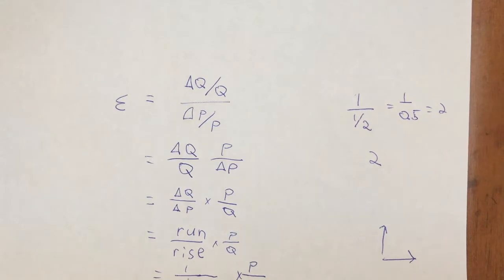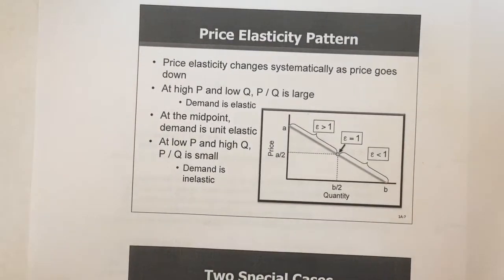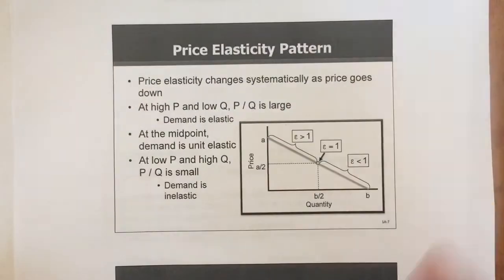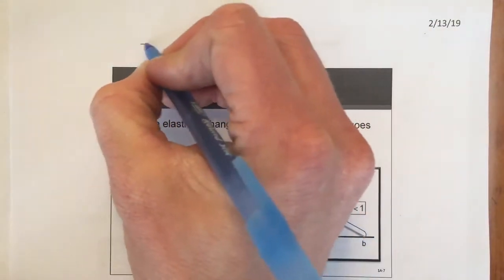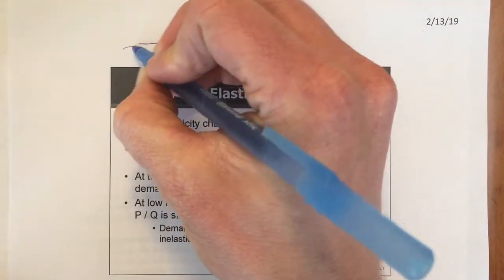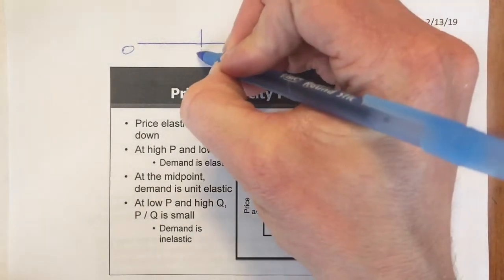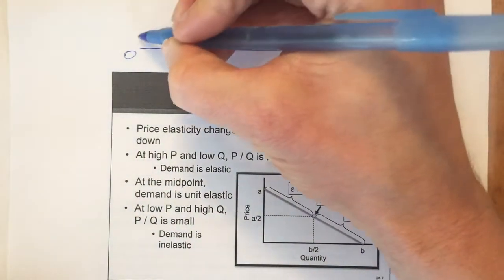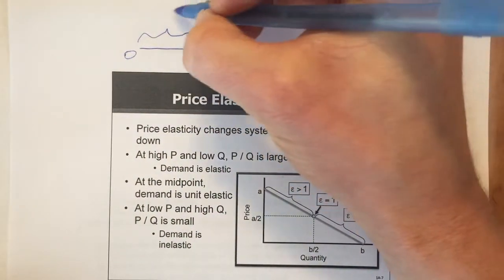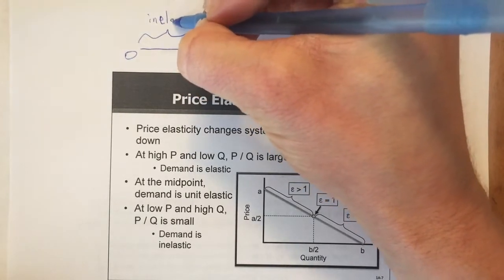So moving on, if you remember how we represent elasticity and inelasticity: if we take a number line between 0 and infinity with the point 1 right here, anything in this region between 0 and 1 in absolute value is inelastic.